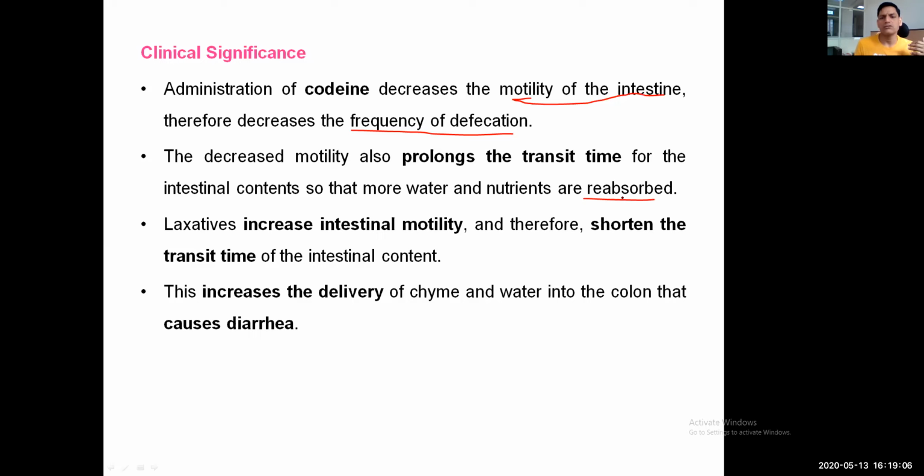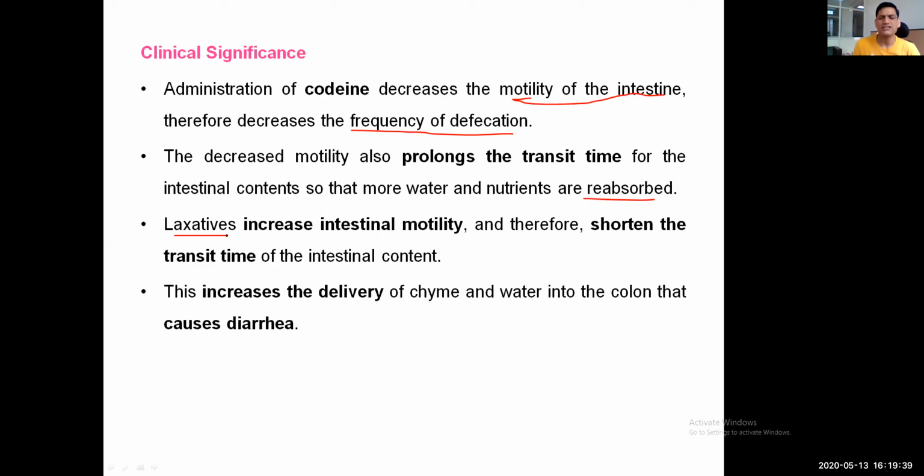If the time is prolonged, then more water and nutrients are absorbed, and the fecal material will be more solid. That will produce pain during defecation, and that will make the condition a constipation.